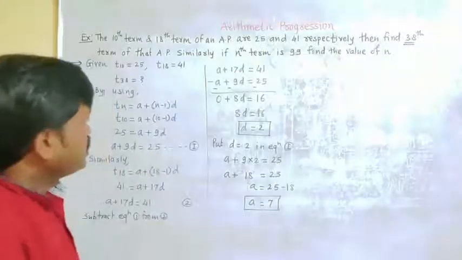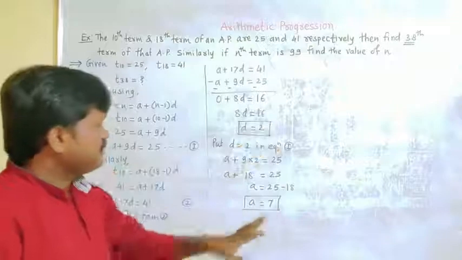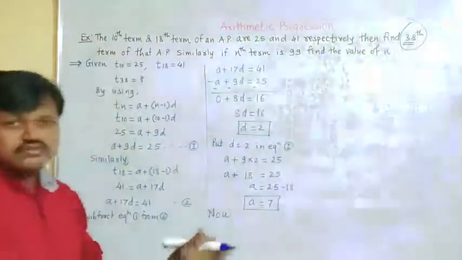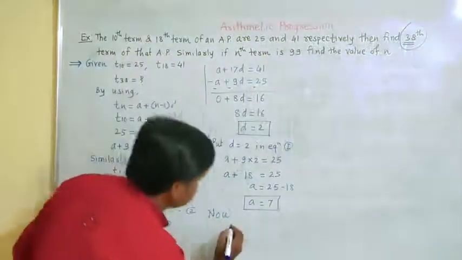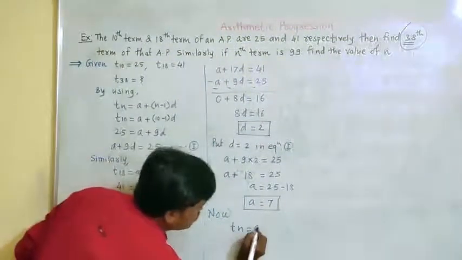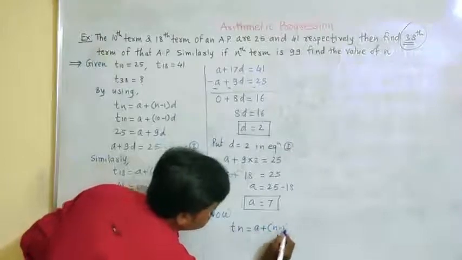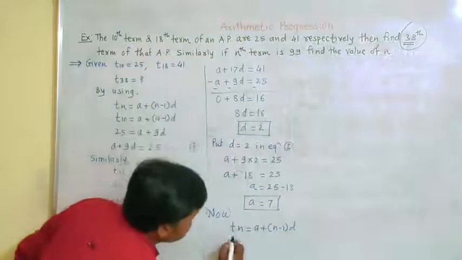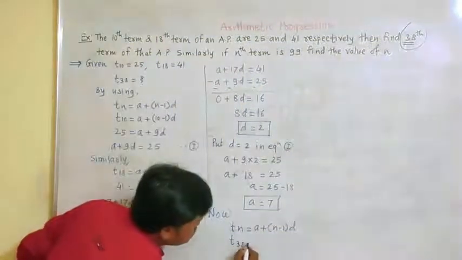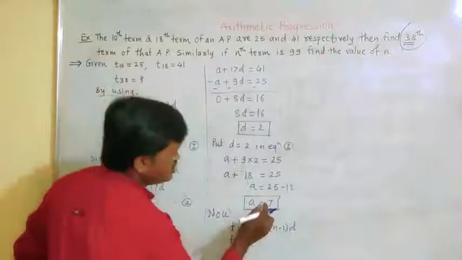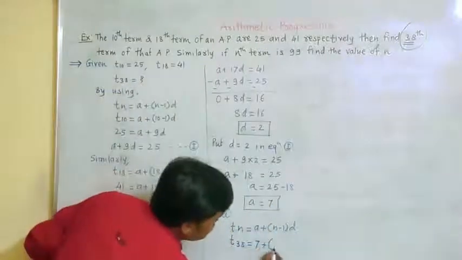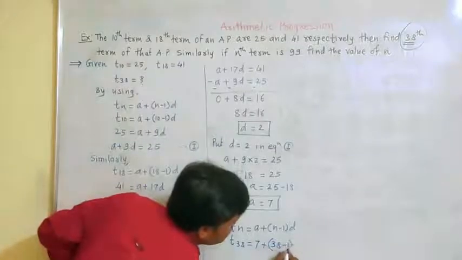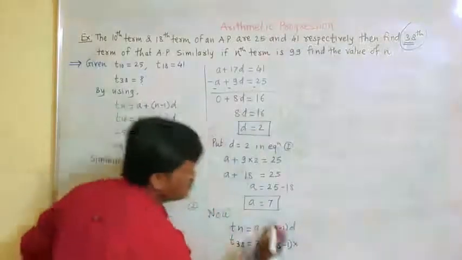We calculated the value of D and the value of A. Now we find the 38th term. So we apply this formula again: Tn is equal to A plus (n minus 1) into D. What are the values here? T38 is equal to A, whose value is 7, plus the value of n, that is 38, minus 1, into the value of D, that is 2.